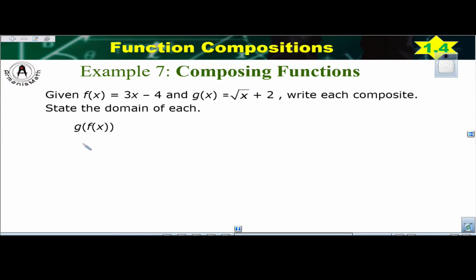Actually, yes, I'm going to have to take the blob, which is f of x. So my blob in this case is f of x. And that guy is what I have to put in any time I see an x in the other function. So for g of f of x, meaning I have to put 3x minus 4 whenever I see x into the other function. So that's the square root of 3x minus 4.